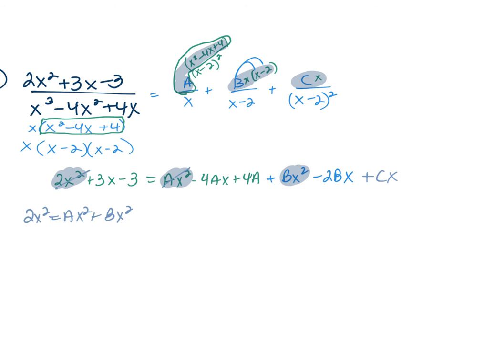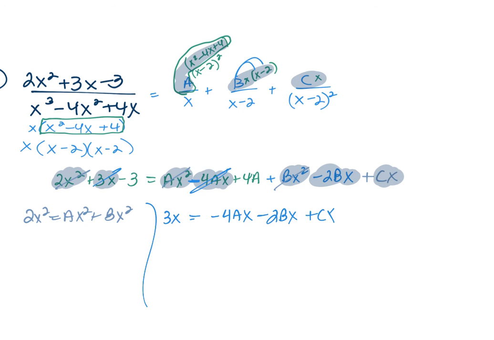And I would cross them out so you know they're gone. Then I go to the x, and I get 3x equals, this is a negative so be careful there, negative 4Ax minus 2Bx plus Cx. Again, gone, gone, gone, gone. And then the last one is the negative 3 and the 4A.